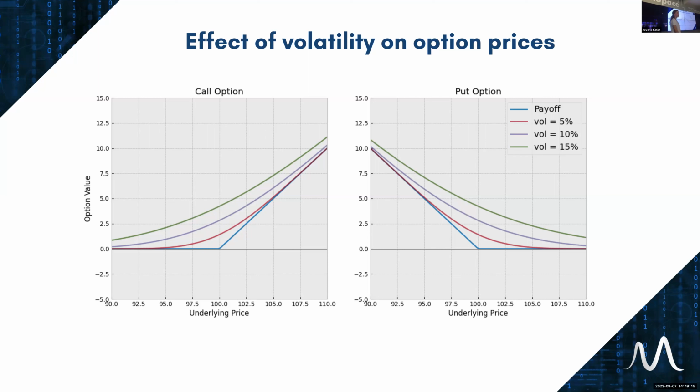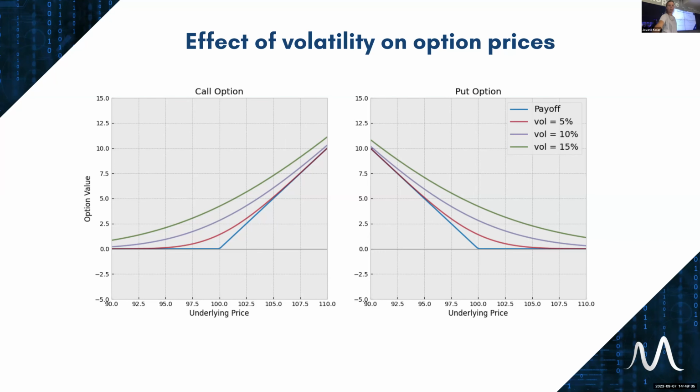So implied is saying I think it will be at 10, because your intrinsic value is 0. Yeah, I think that might be right. I'll think about it later.